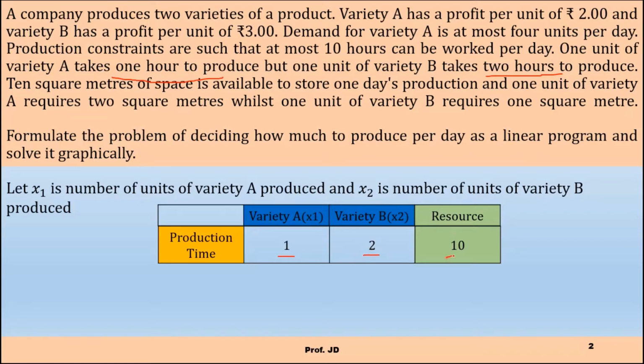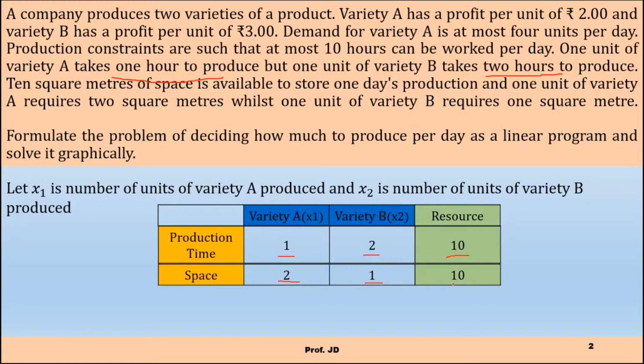So that is our resources 10. Second constraint is space. So 10 square meter of space is available. So resources is 10, and A requires 2 square meter and B requires 1 square meter. So that is our second constraint.